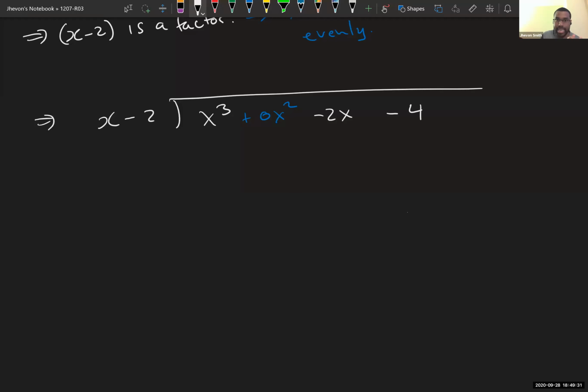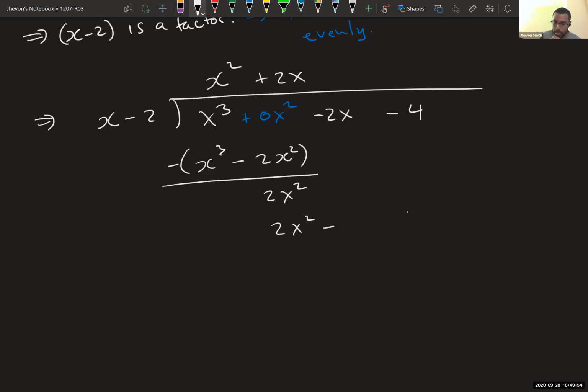Right, so you take the x into the x cubed. That leaves you with x squared. Take the x squared, multiply everyone on the left, the x minus 2. You would get x cubed minus 2x squared. You subtract that. This will give you 2x squared. X into 2x squared goes plus 2x. 2x times the x minus 2, you get 2x squared minus 4x.